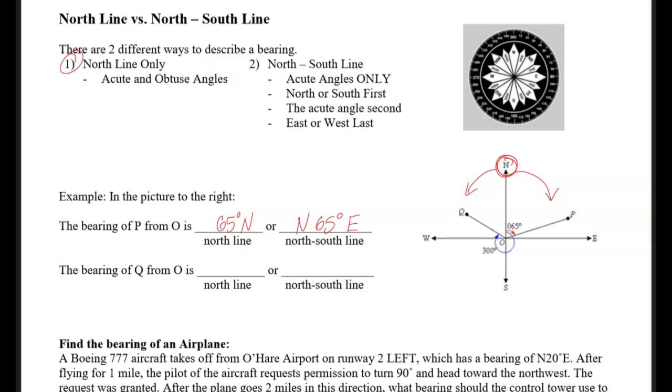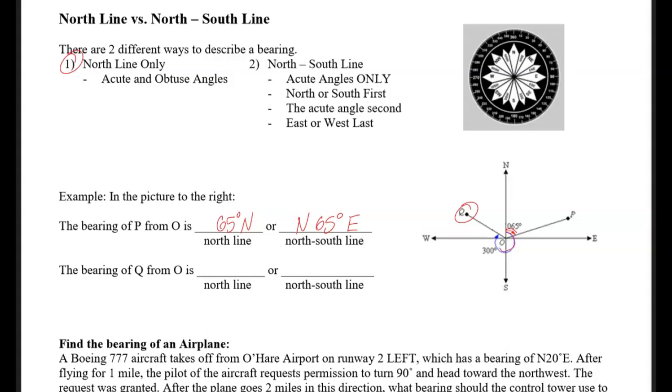Next example, we have the bearing of Q from O. So we're dealing with this line here. And from your north line, oh, and I forgot to mention, from your north line, you always go clockwise. So just like we went from the north line down to P, 65 degrees, we were going clockwise. Same thing here.